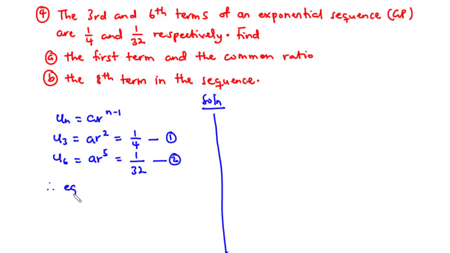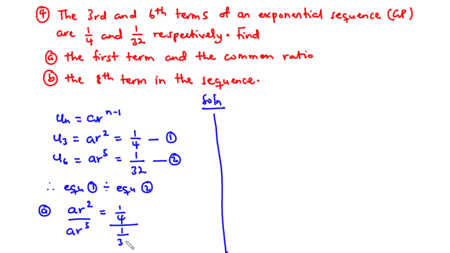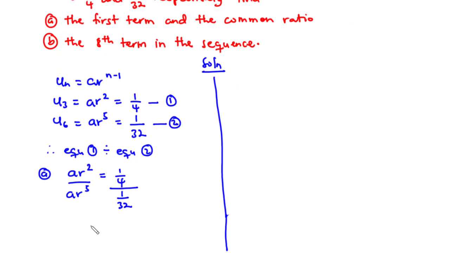So therefore, equation 1 divided by equation 2. So we have a times r exponent 2 equals 1 over 4 divided by a times r exponent 5 divided by 1 over 32. So this cancels out this, and then we are left with 1 over r cube.